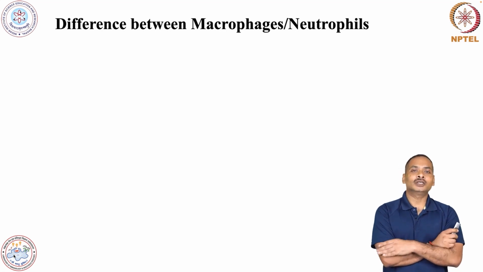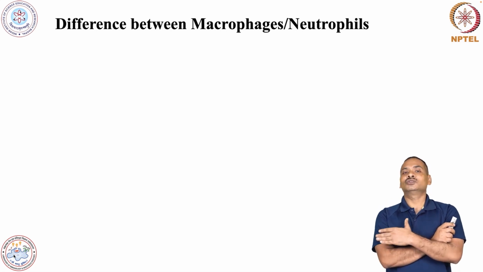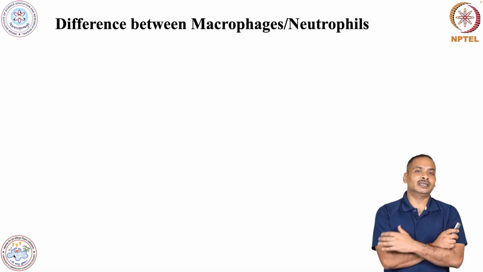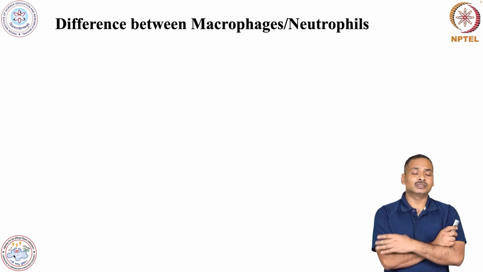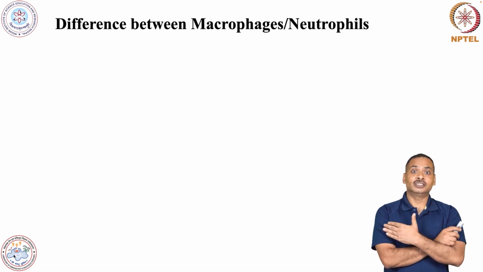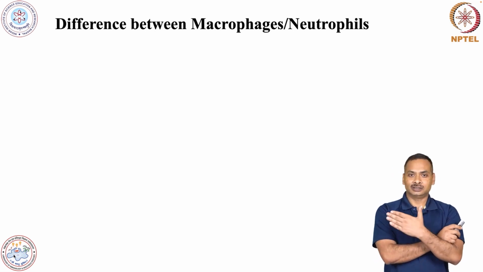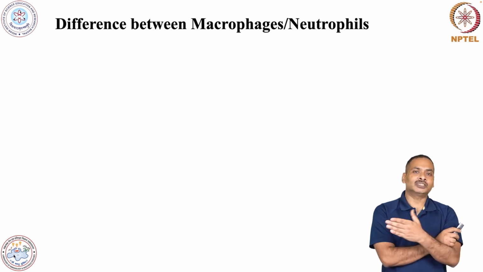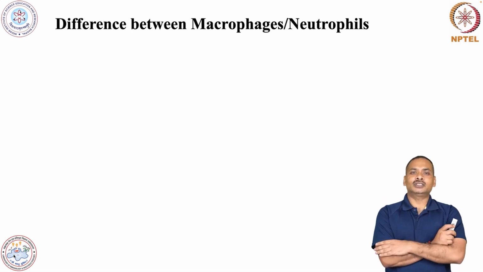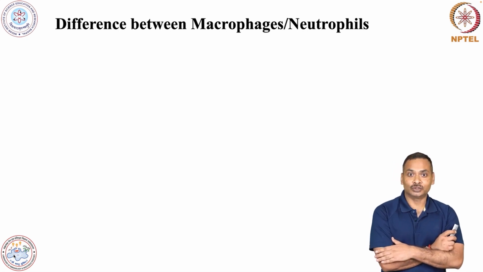Both are phagocytic cells, which is also a key similarity, and both macrophages and neutrophils can produce a variety of reactive oxygen species or reactive nitrogen species in order to kill the target or pathogenic microbe. Now let us look at the difference between macrophages and neutrophils.